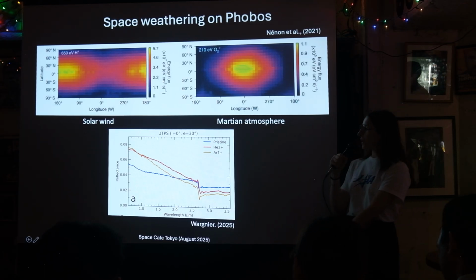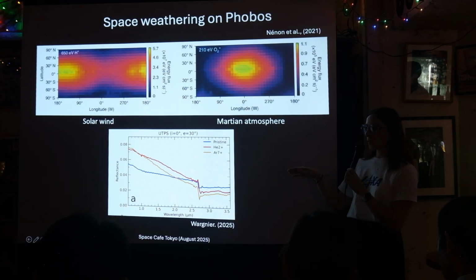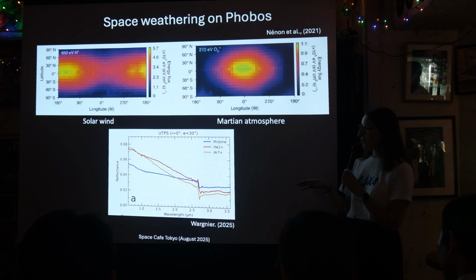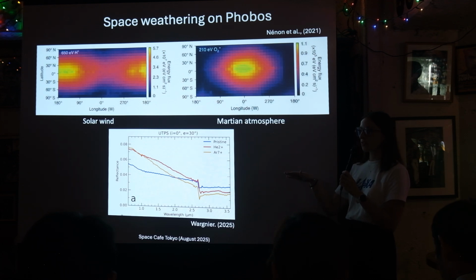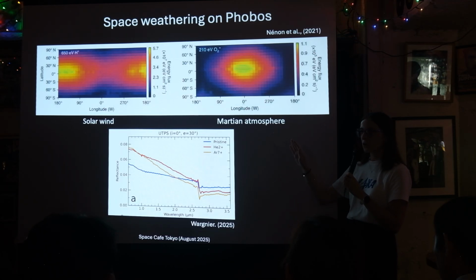Yes, exactly. So in blue, if the surface of Phobos is similar to this sample, this is the reflectance property of Phobos. But this is only if Phobos is not irradiated, so this is not realistic. In reality, if we consider the solar wind irradiation or the Martian atmosphere irradiation, in this case it's one or the other, this is more what we should observe.